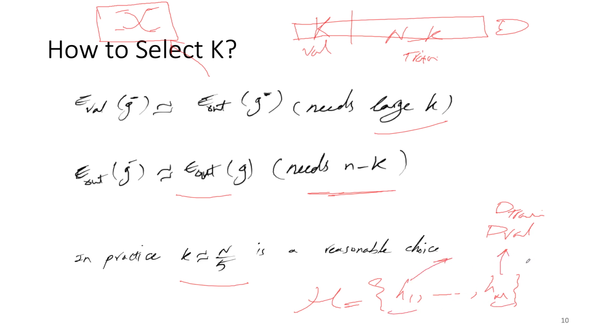So how are we going to select the best M star, H of M star? That's what is referred to as model selection.